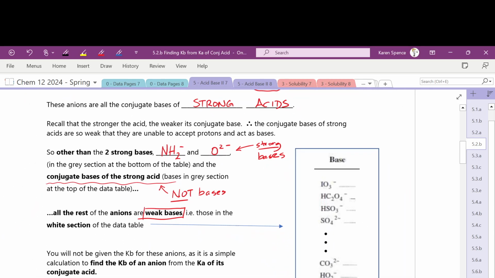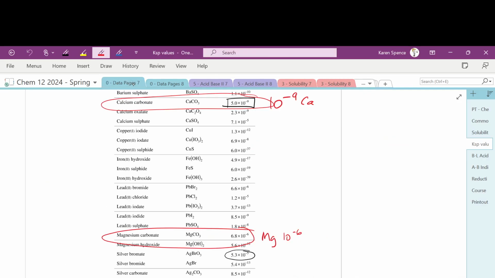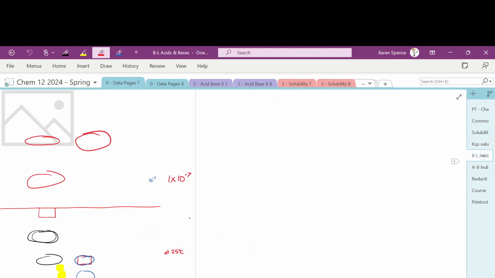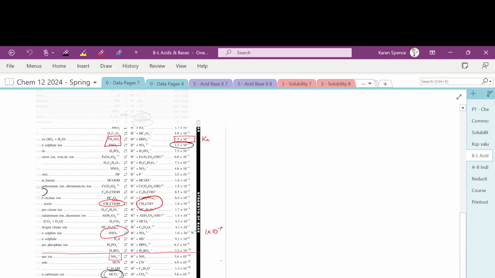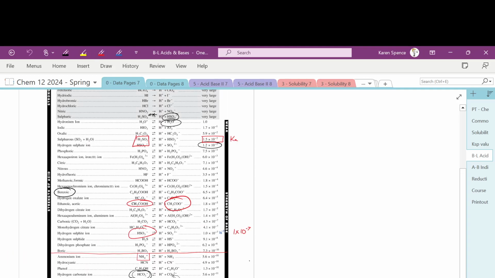So if you look on the right-hand side, it starts up at IO3 minus and goes all the way down to OH minus. You can take a look at your data booklet, and it's going to be everything from here all the way down to, I guess we'll leave out NH3 because it's not an anion.